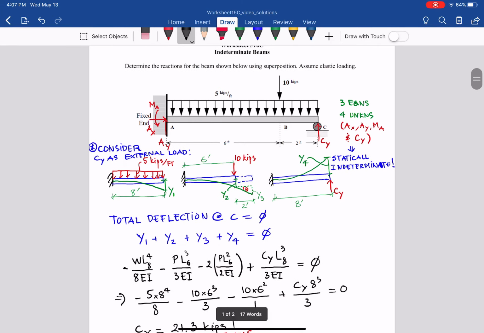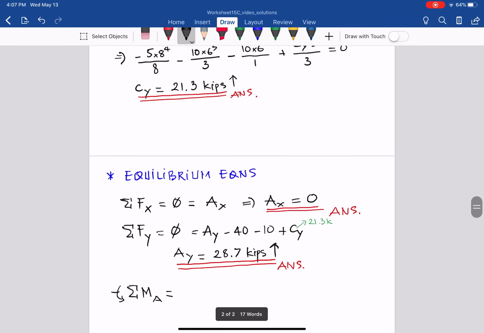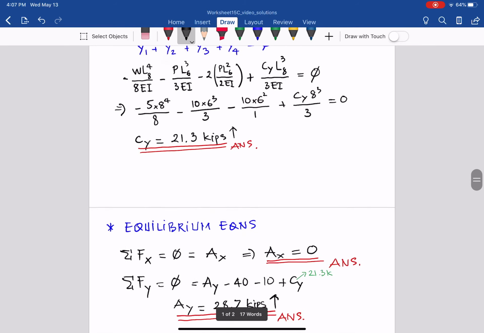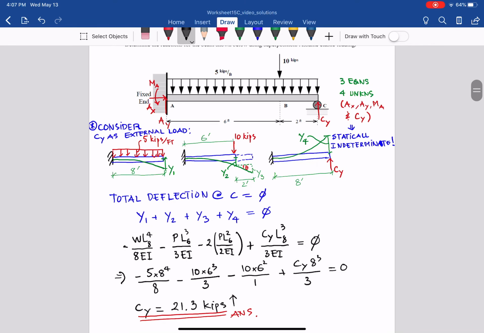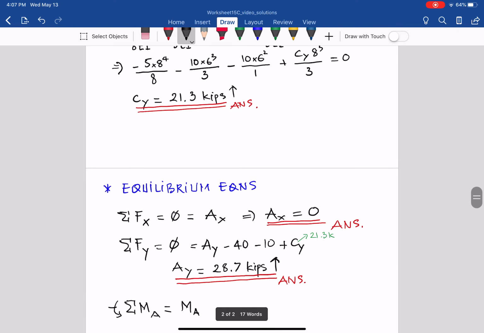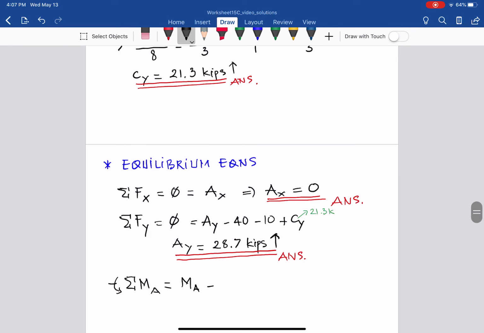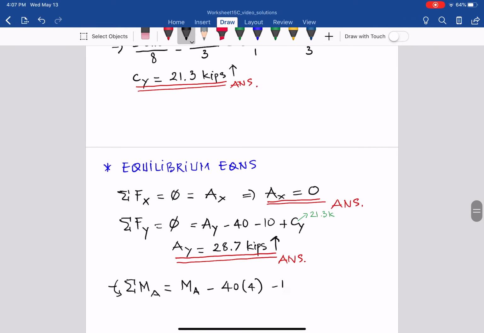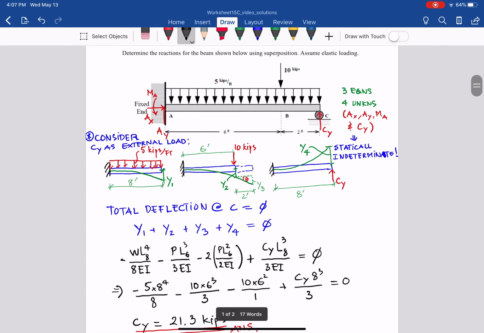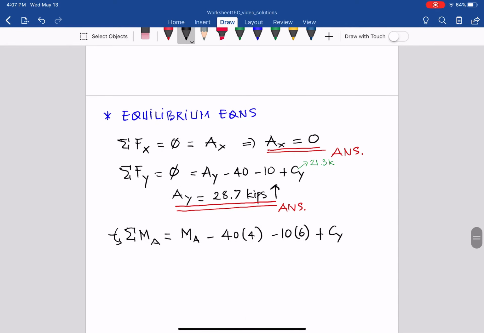So we have MA, the moment reaction at A. And then we have the 5 kips, so 40 at the middle: negative 40 times 4, and then negative 10 times 6, plus CY times 8, and CY we already have as 21.3 kips.